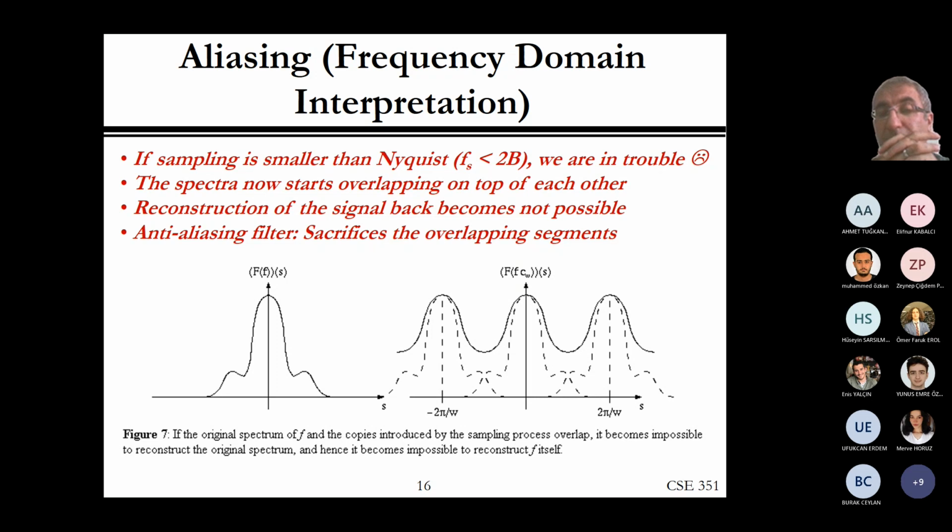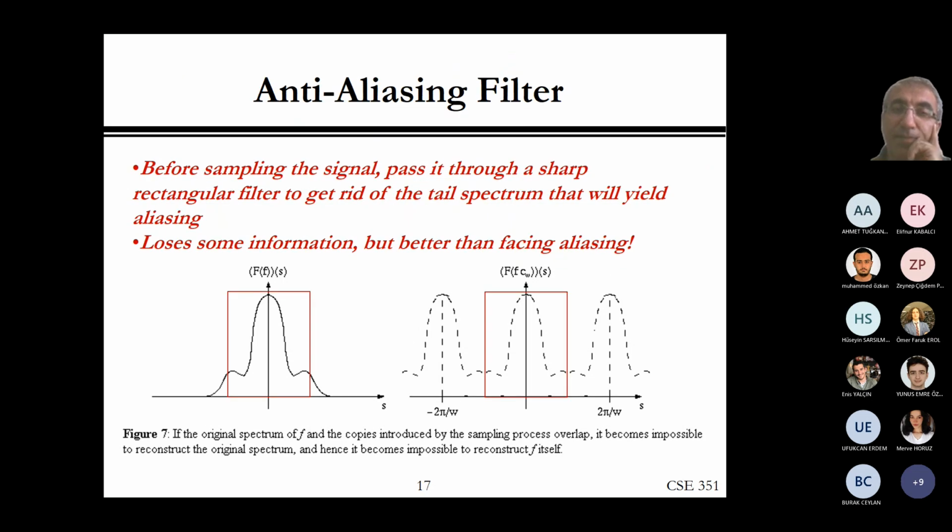What's the solution for the aliasing problem? It is to utilize an anti-aliasing filter. And the main idea behind it is to sacrifice the overlapping segments. Let's see how this anti-aliasing filter solves the problem.